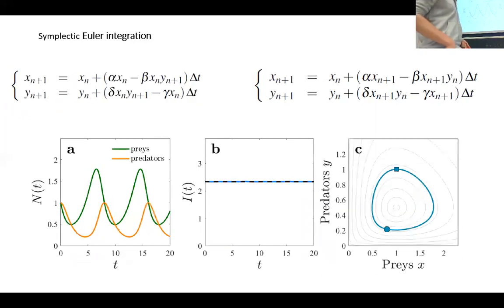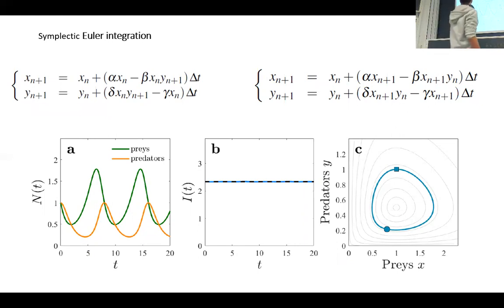Okay, and then we have this symplectic Euler integration. So here what we do is, wait a second, the one on the right is wrong. No, it's not wrong. Okay, so we can apply this in two different ways.